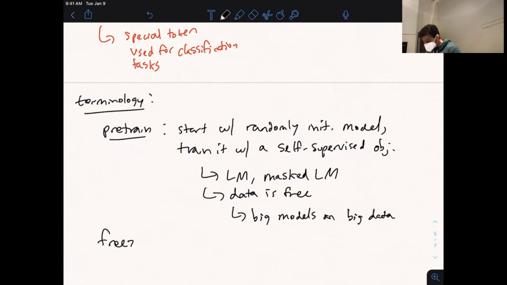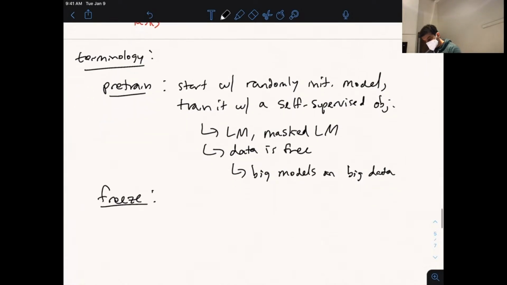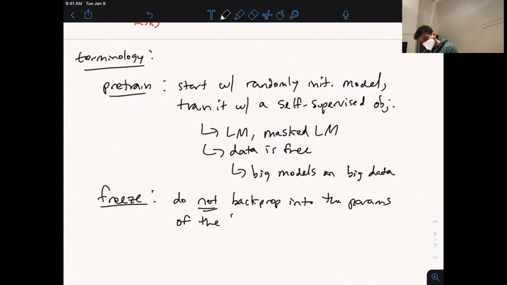Another term we used is freeze, which refers to the fact that we do not backprop into the params of the pre-trained model using the downstream task objective.